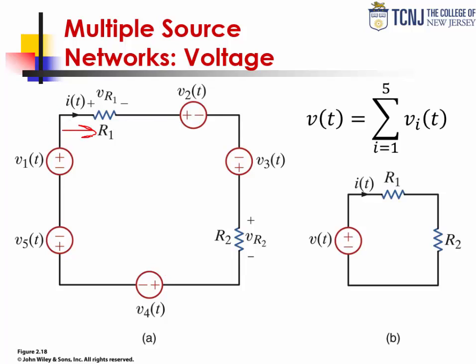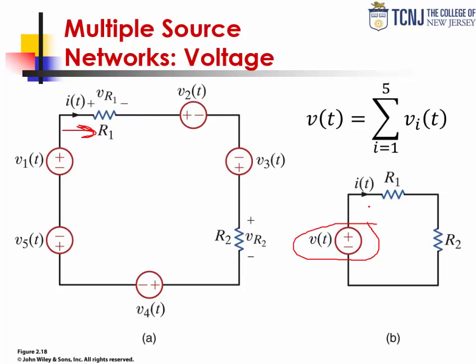Here we have the direction of the current. So the total voltage in this circuit would be plus V2 minus V3 plus V4 plus V5 minus V1. And when we add that algebraically, we'll get this VT.